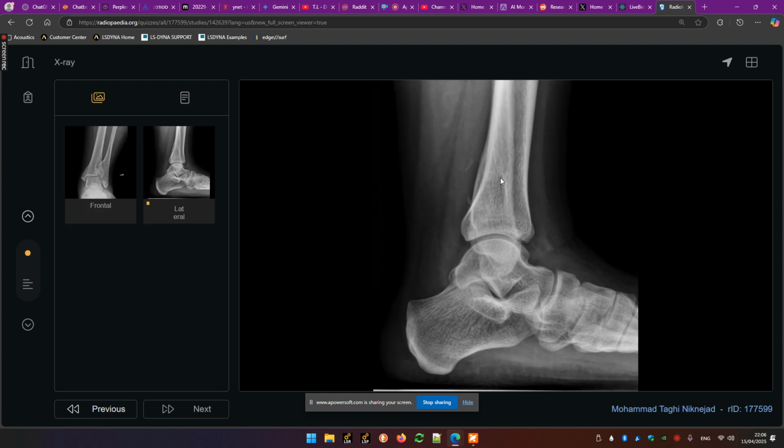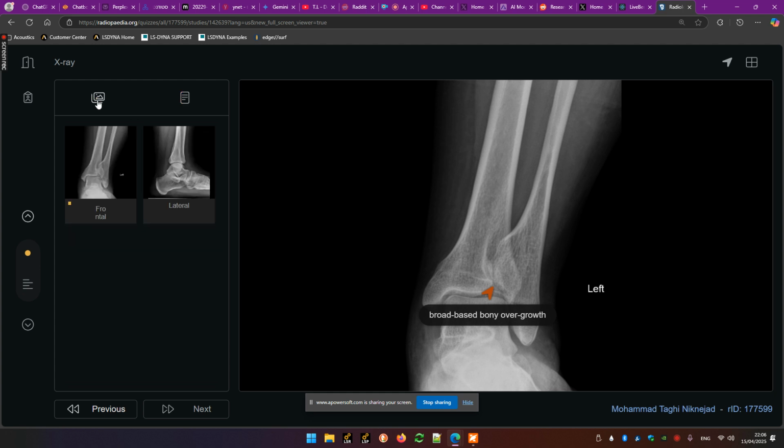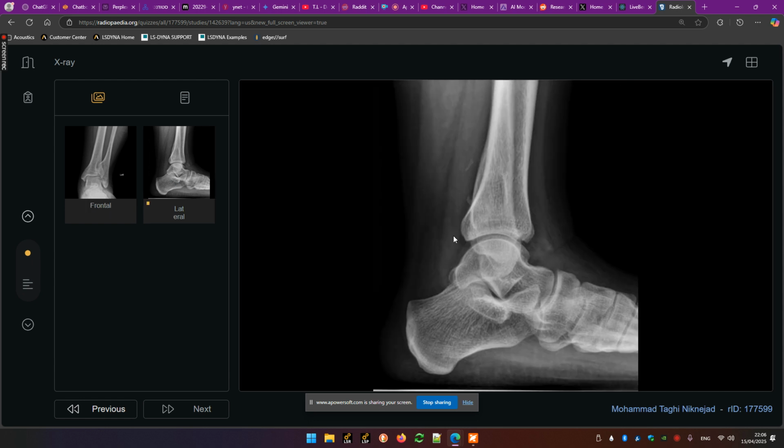This is probably what we saw right over here. I see those calcifications. Maybe this is what they're talking about. Yes, I think this is it.